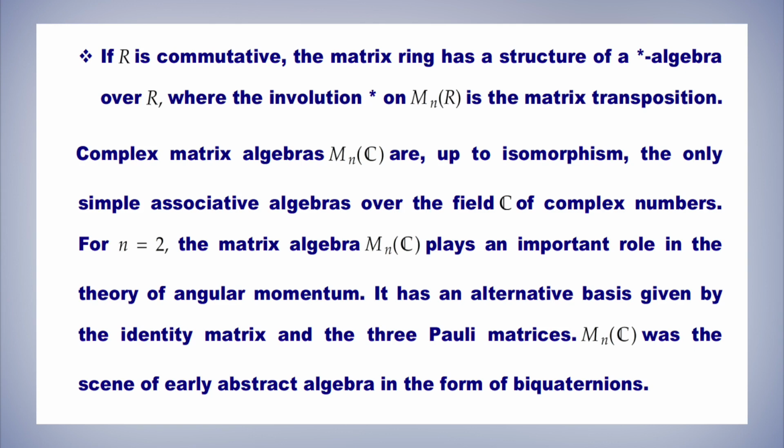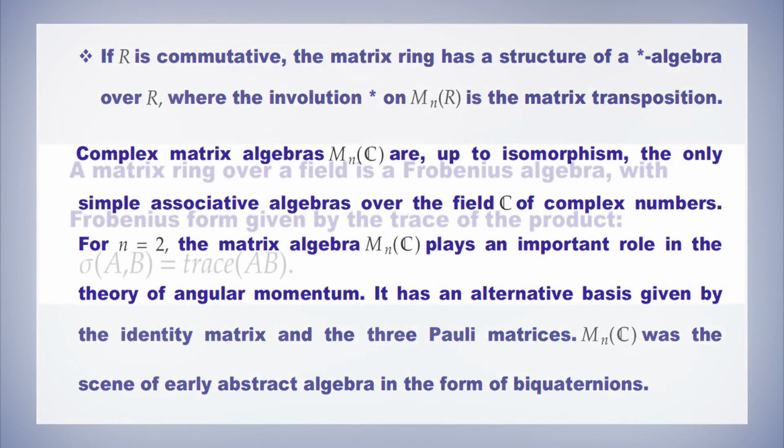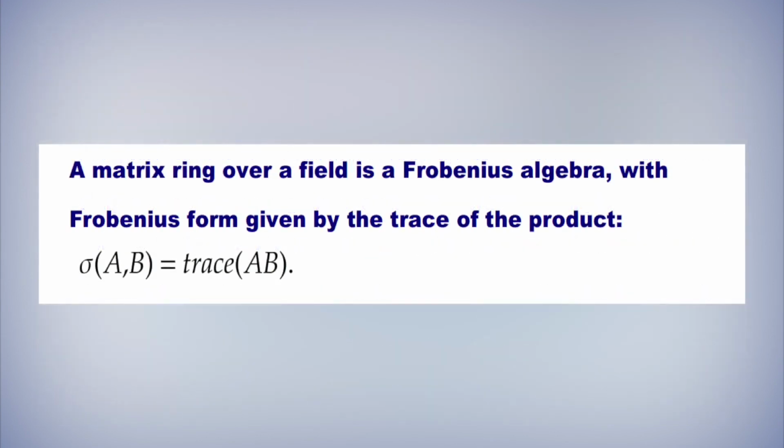It has an alternative basis given by the identity matrix and the 3 Pauli matrices. M2(C) was the subject of early abstract algebra in the form of biquaternions. A matrix ring over a field is a Frobenius algebra, with Frobenius form given by the trace of the product: sigma(A, B) is equal to trace of AB.